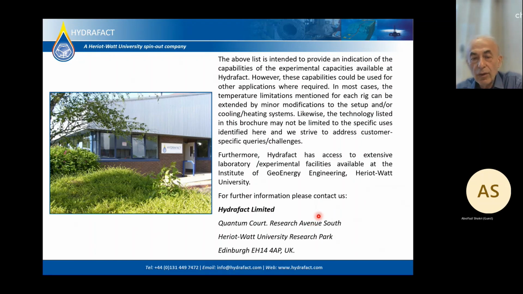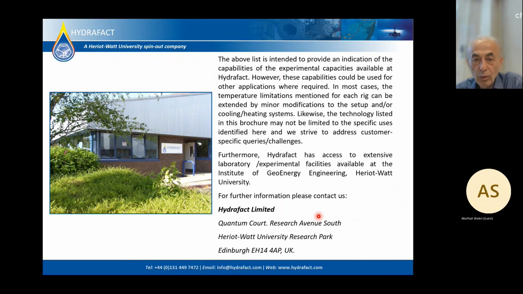This is our office in Edinburgh, and our contact details are here. In this list, I mentioned the main experimental equipment. What we do with our experimental equipment is that we can modify it because we build it ourselves.